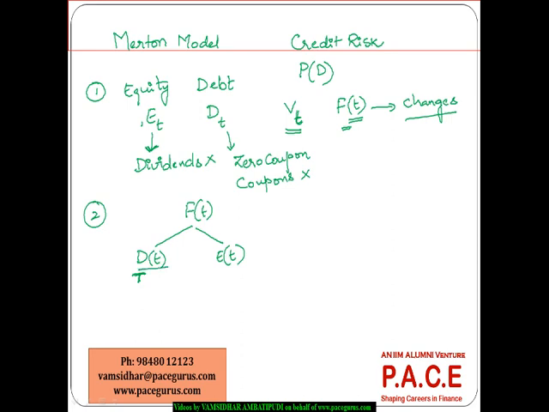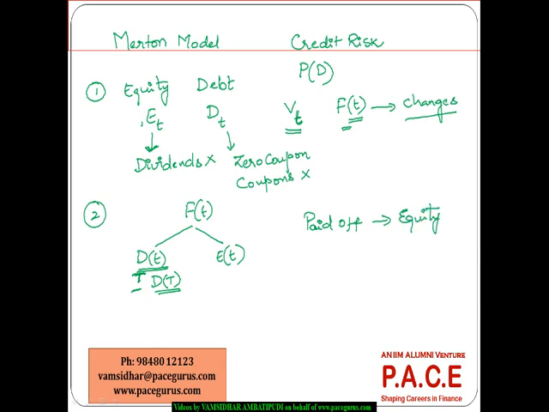So the debt part is primarily a zero coupon bond, let's say of worth D_t, which should be repaid at time period t. And it also is assumed that at final point t, whatever is remaining after paying the debt investors would be paid off to the equity investors.